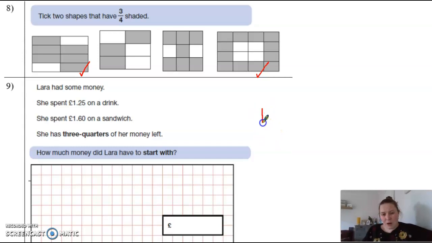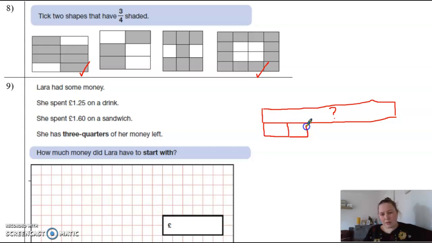So if I draw my bar, I'm going to draw a whole empty bar to represent how much she started with. This is what we're trying to work out. We don't know it. What do we know? Let's have a look.